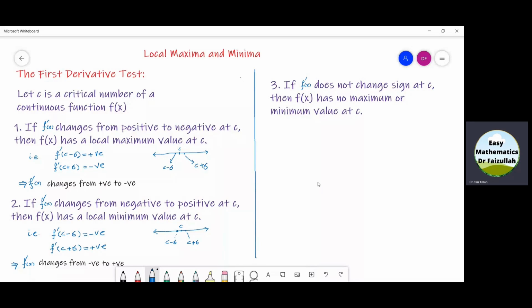We find the local maxima and minima by using two famous tests, the first derivative test and the second derivative test. So let us explain the first derivative test to find the maximum and minimum values of a function f of x.